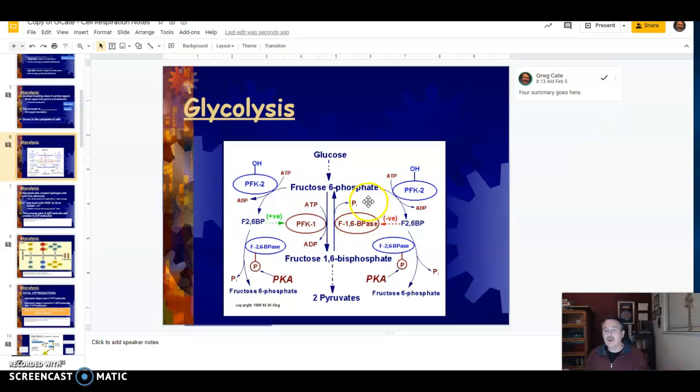What I need you to know is there are more steps than just going from glucose, break apart, get 2 pyruvate. There are several steps to get to the 2 pyruvates. So your summary should state that the breakdown of glucose has intermediate steps that will eventually end up with 2 pyruvate molecules.